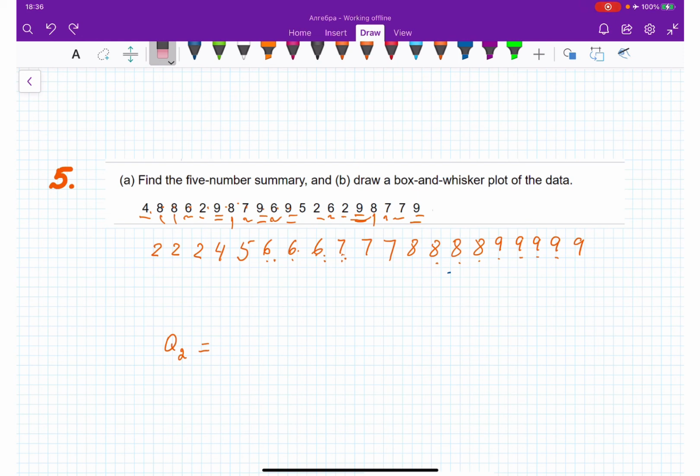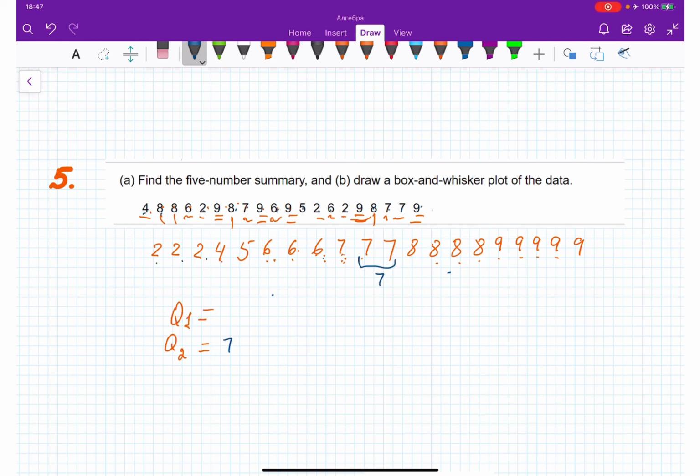Okay, so we have an even number. What do we do? We take the middle 2. So we take 10 and 11. 1, 2, 3, 4, 5, 6, 7, 8, 9, 10, and 11. So the median will be the average of 10 and 11, which is 7 anyway, right?